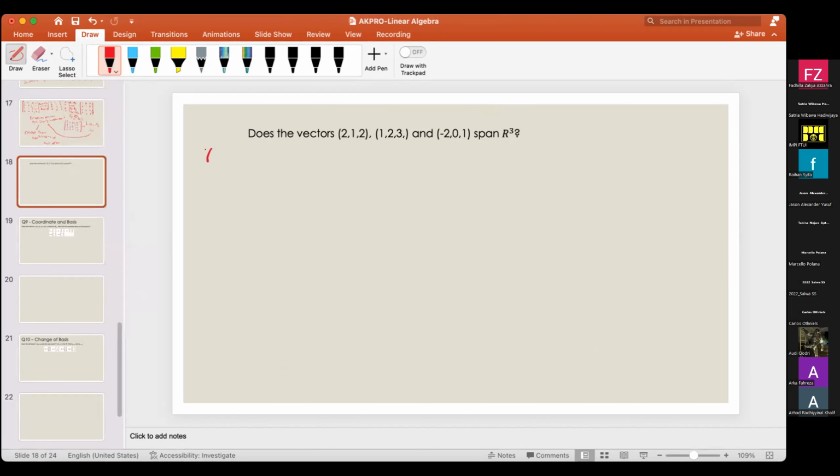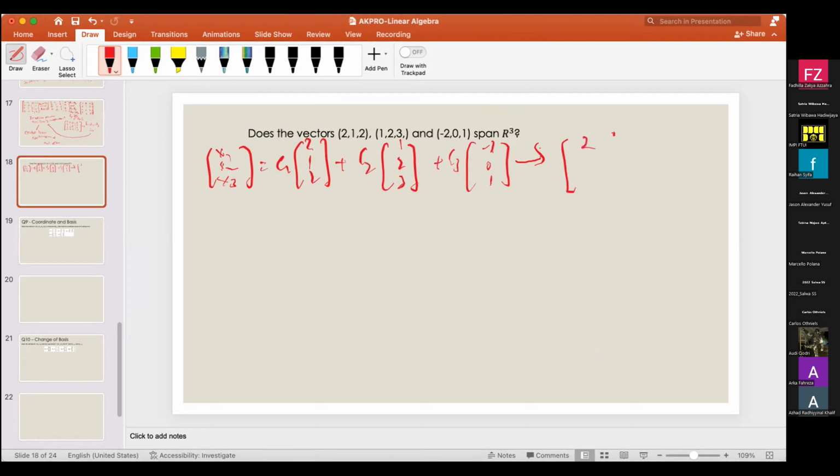Let's say x1, x2, x3 equals c1 times (2, 1, 2) plus c2 times (1, 2, 3) plus c3 times (negative 2, 0, 1). We have to express this as a coefficient matrix, which is 2, 1, negative 2, 1, 2, 0, and 2, 3, 1.